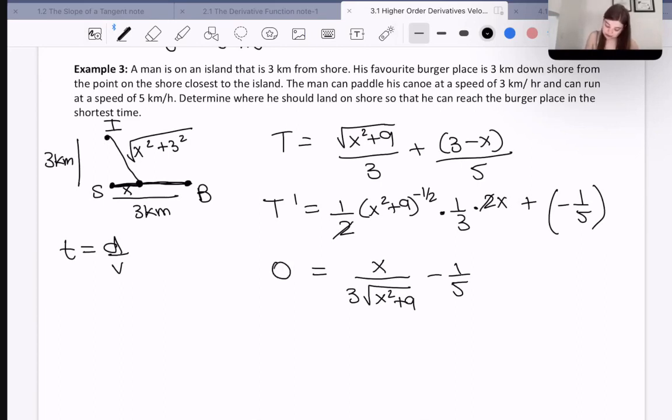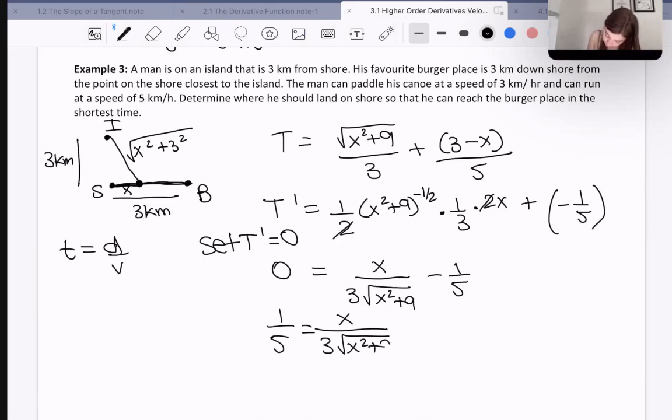And we're going to set t prime to 0, right? We're trying to optimize this. So that means that 1/5 is equal to x over 3 root x squared plus 9.